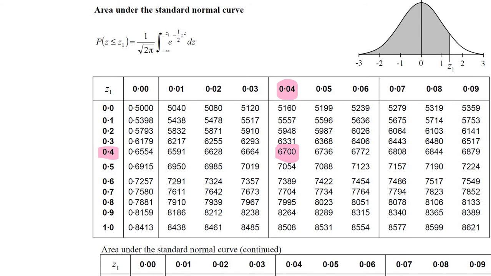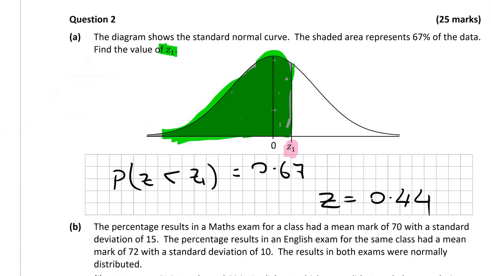So in total, the z value that gives 67% of the data is 0.44. So another way of looking at that is a z-score of 0.44 means that 67% of the data lies to the left of that z-score.